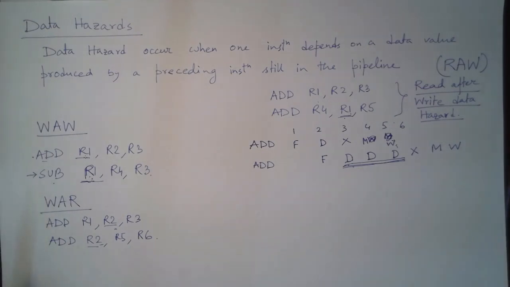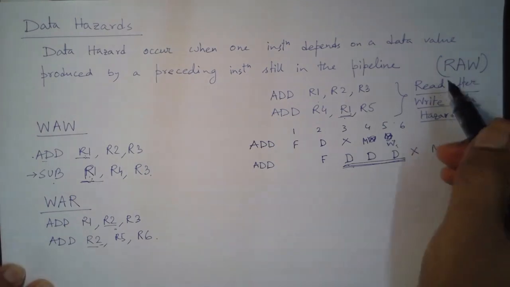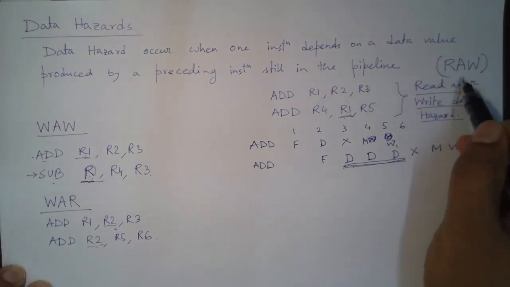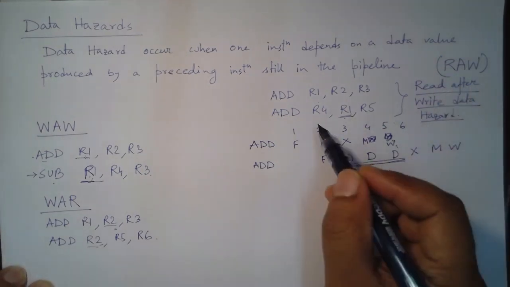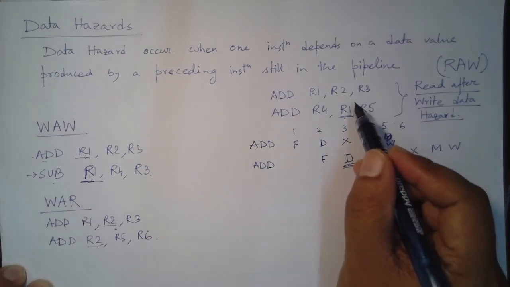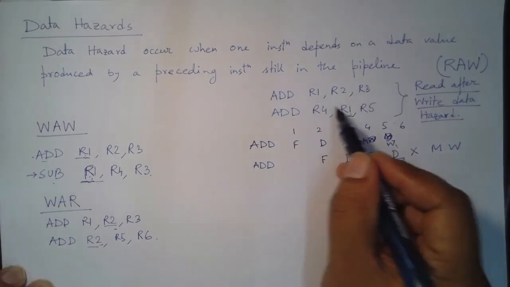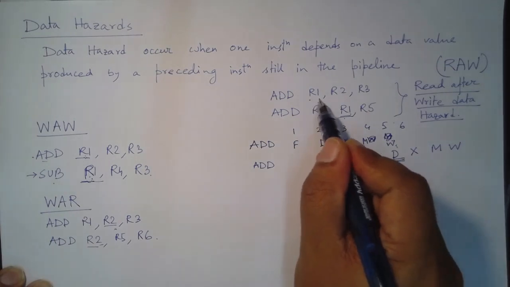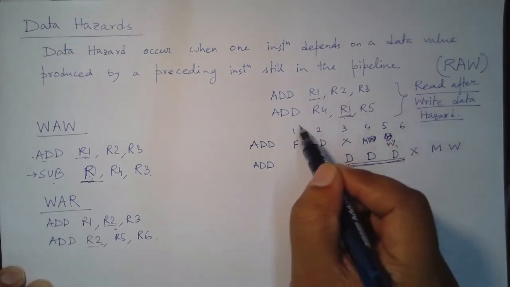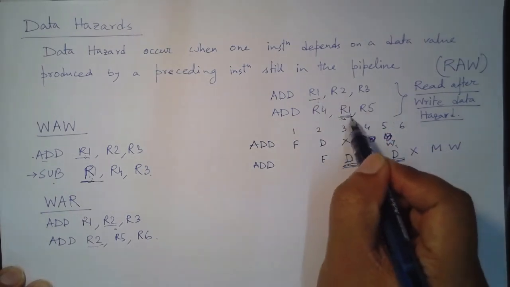Okay. Now going forward, we have already started looking into data hazards, and we have seen that there are different kinds of data hazards. So I'll just briefly recap. Read after write data hazard. The example is here, where one instruction is writing the register, and a subsequent instruction is trying to read it.